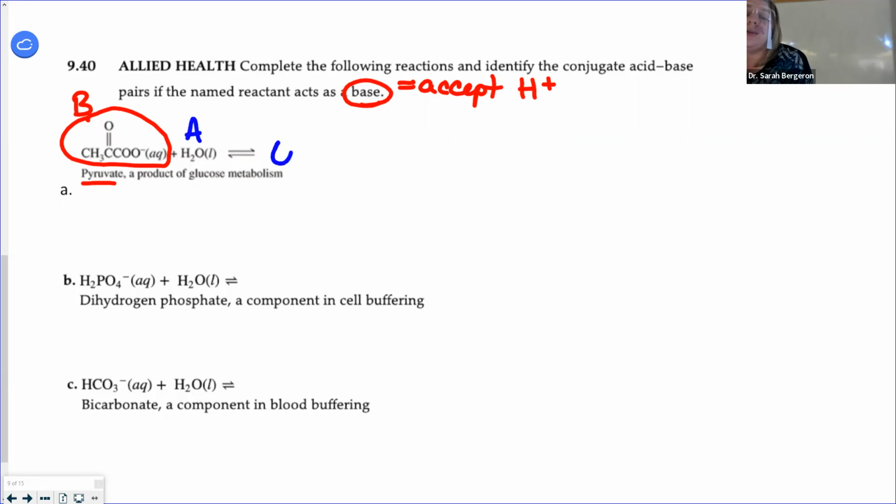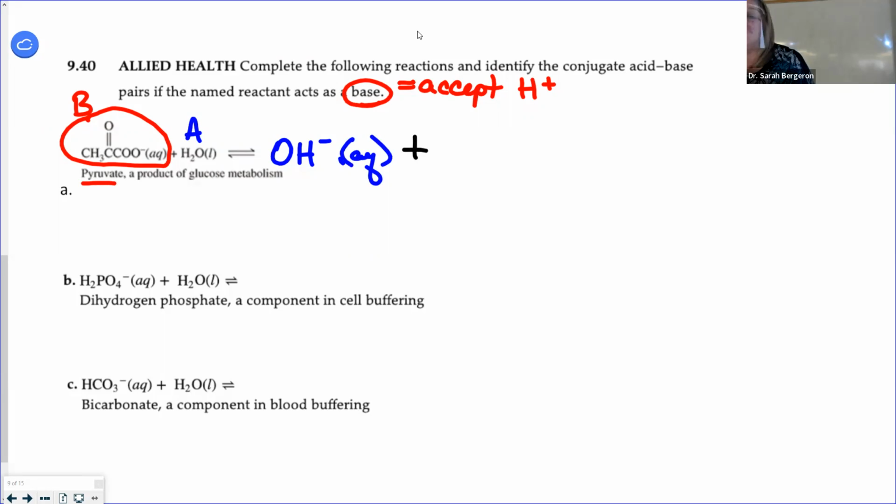So if water donates, what's left? Just OH minus. So where did that hydrogen go that was attached to the water? And it's aqueous. Where did it go? It went to my pyruvate.